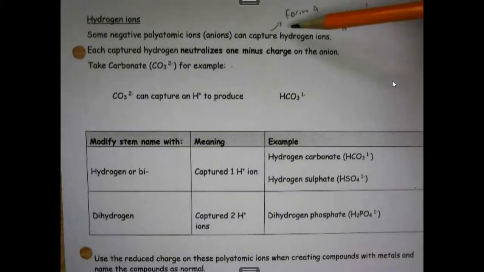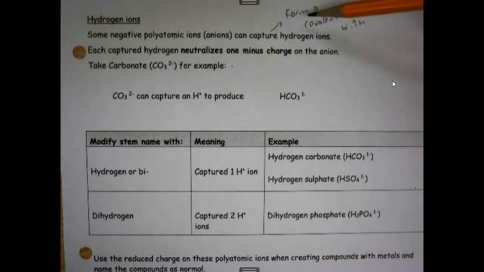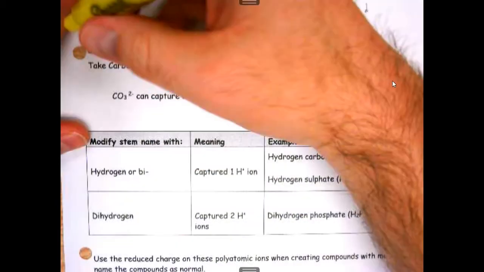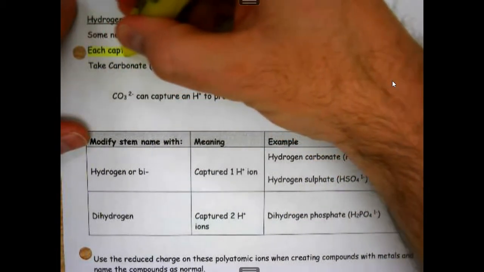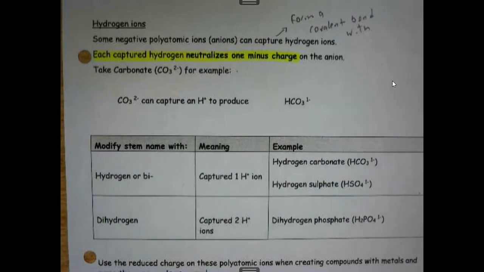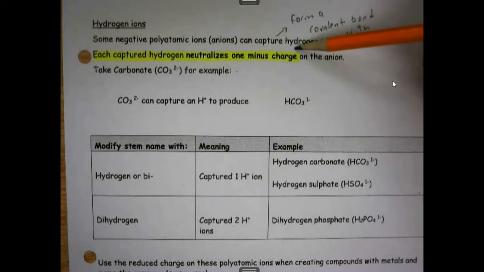And when it does that, it eliminates some of the charge. In fact, it eliminates one of the charges in a negative ion, and we'll just show what that looks like. Okay. Now, each one does neutralize that minus charge. Now, the reason we say each one, because some of them can grab more than one, and it's going to influence the charge. Now, remember, the oxygens that are added to the formula do not change charge.